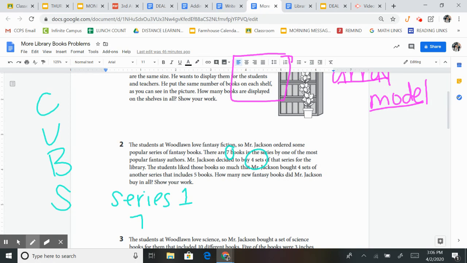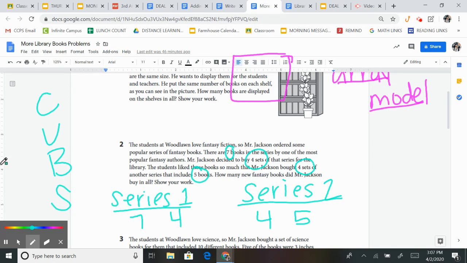We have the number 7 and we have the number 4. Now in the second series that he buys, series 2, we have that he bought 4 sets, so the number 4, that each include 5 books, so the numbers 4 and 5. So that was our C step.